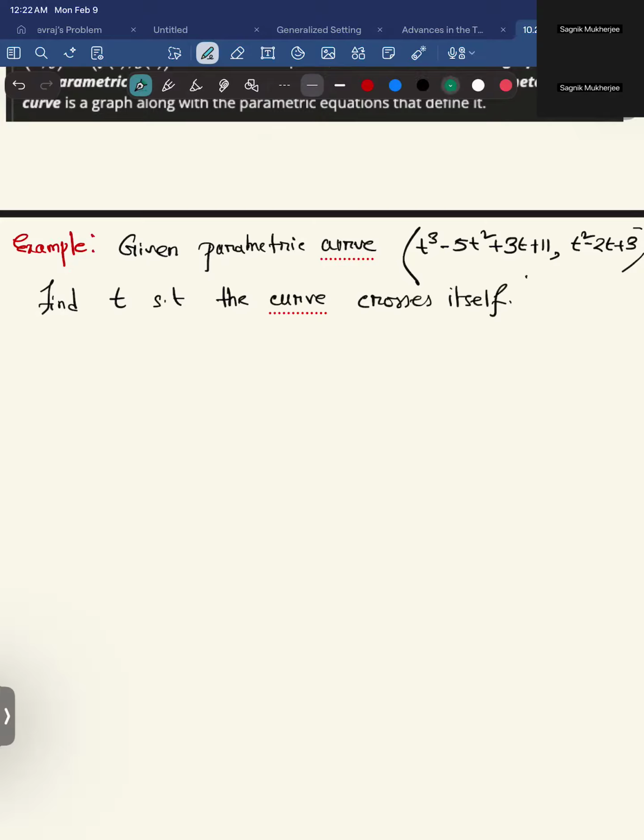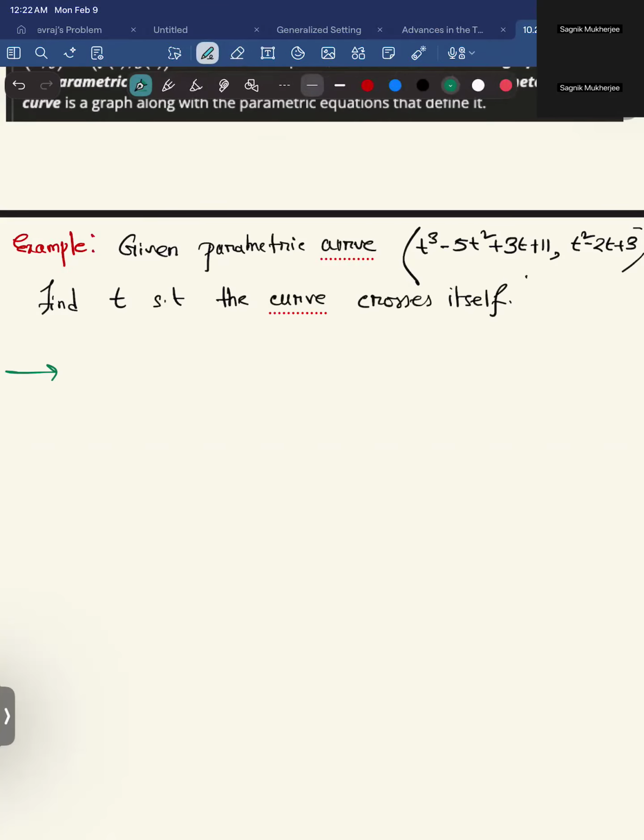Now see, when a curve crosses itself, it means that the x and y coordinates are being equal, right? Otherwise, it's never possible that the curve is actually crossing itself, right?